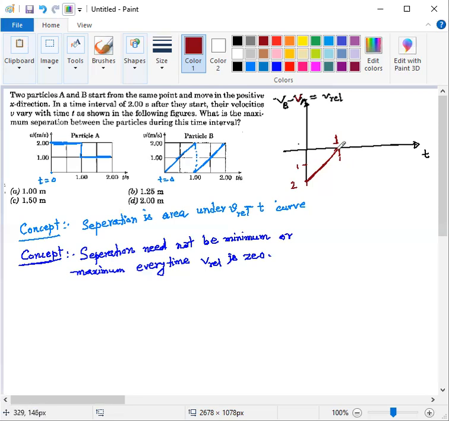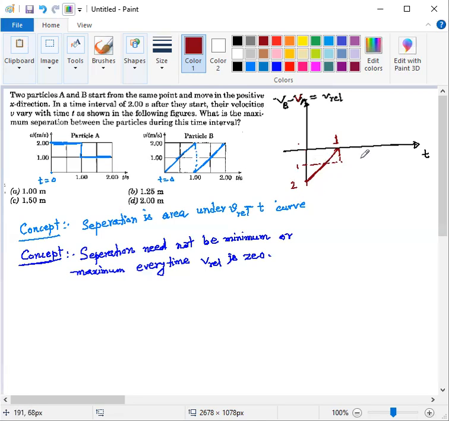This is identical but not the same, because in this part the straight line is the velocity profile of particle B and the other is the velocity profile of particle A. If we subtract these two, the graph is shifted downward by 2 units.